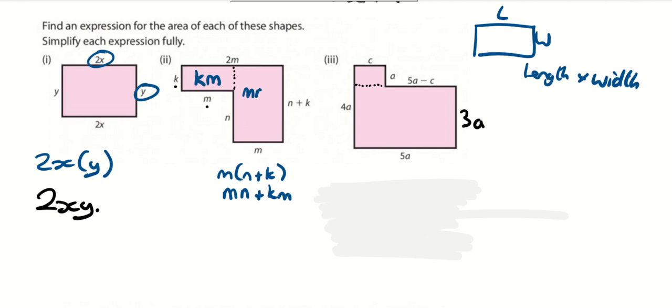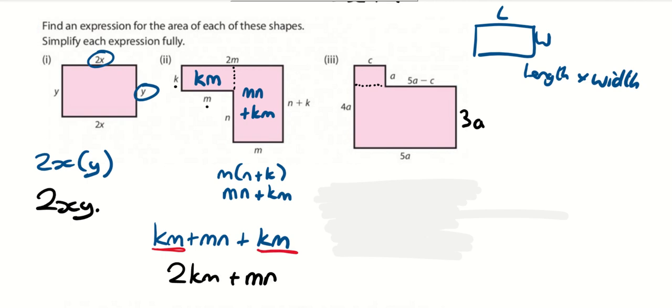So you've got your left rectangle and your right rectangle: km plus mn plus km. As you can see, you have a km and another km, so it becomes 2km plus mn. Very good. That's two things that we have got done.